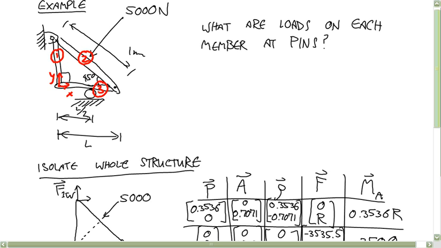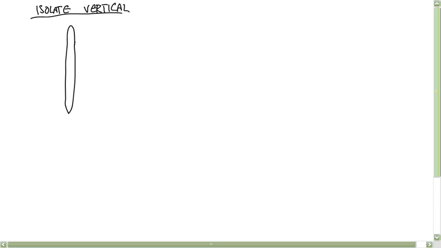The key is figuring out how to label these, and that all goes back to what you're considering the pin to be a part of.